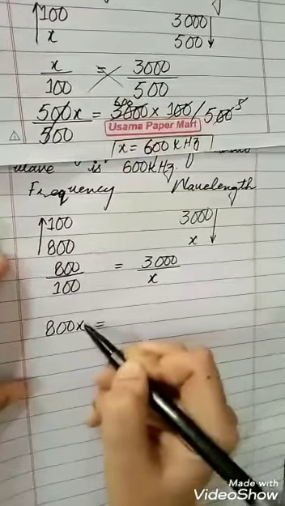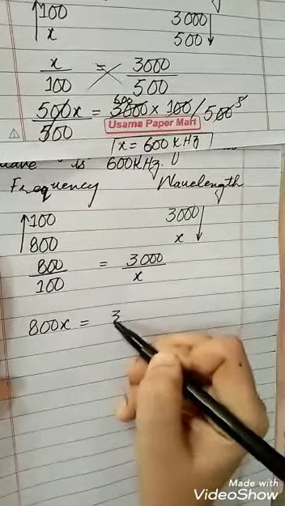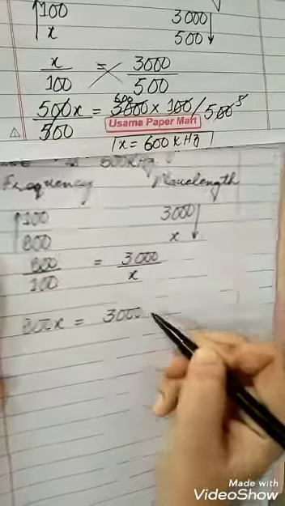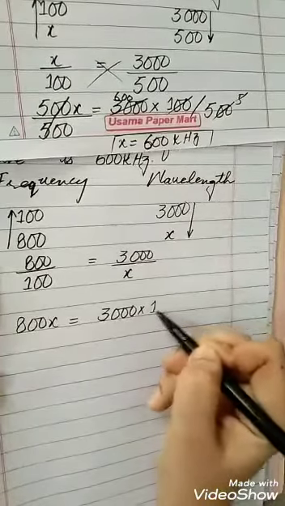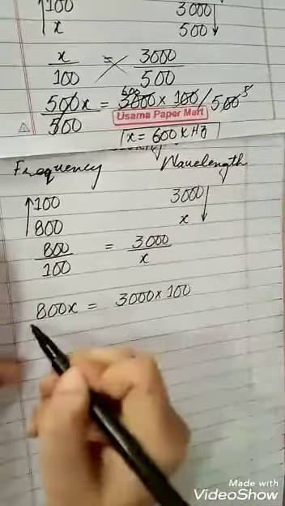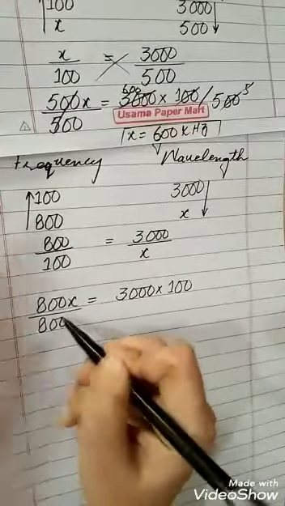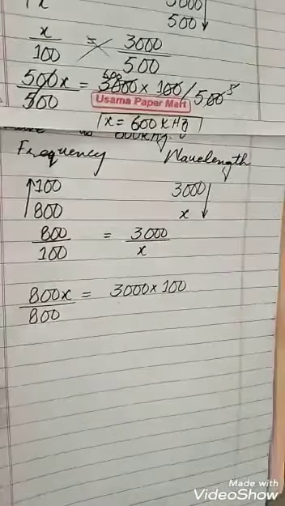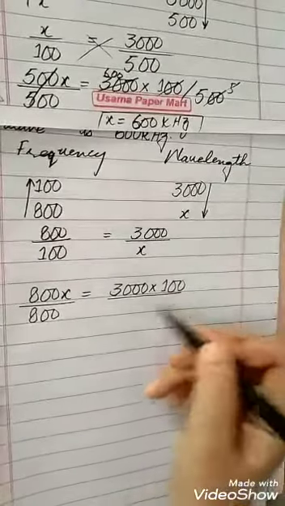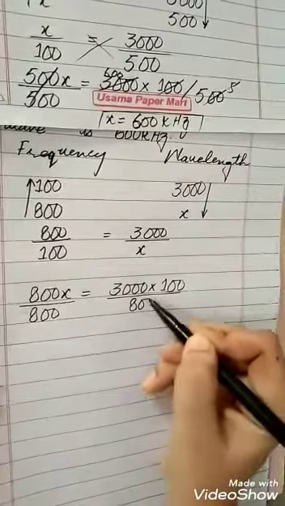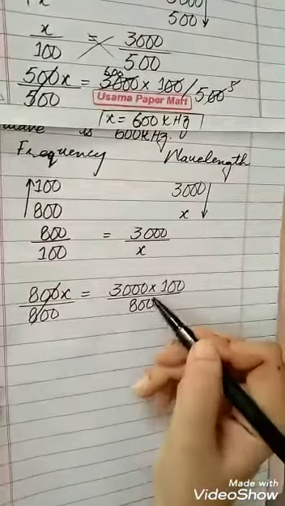It will be 800x is equal to 3000 multiplied by 100. We have to find the value of x, so we will divide by 800 on both sides. It's cancelled here.